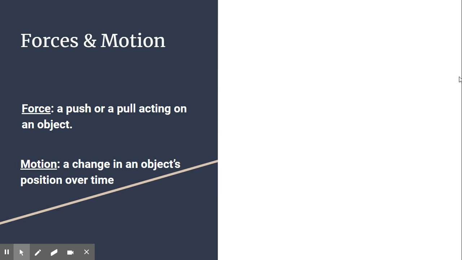A good definition for motion might be a change in an object's position over time. That might also be a wonderful thing to write down in your notebook, that motion is a change in an object's position over time. You might want to have something more than just movement as a definition for motion.